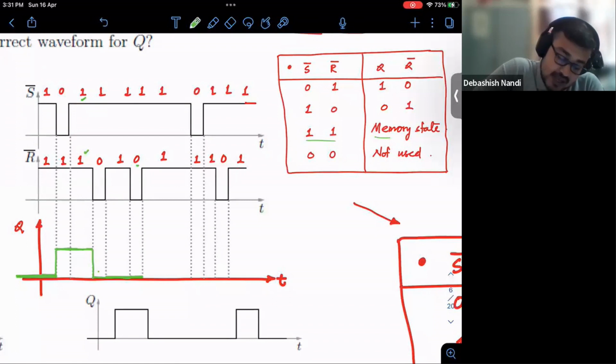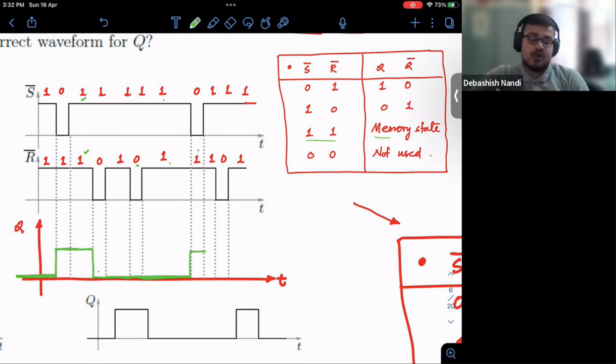Fine. And then again the memory state is there, so your output will still remain 0. And then your R bar becomes 1, so your output also becomes 1. And then again it encounters a memory state, so it will continue to be 1.